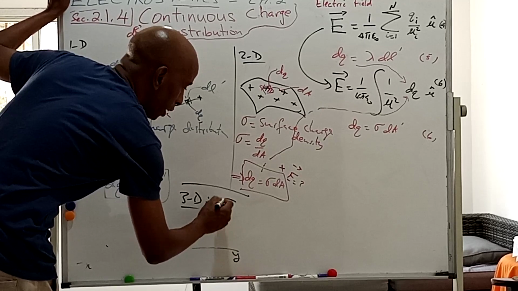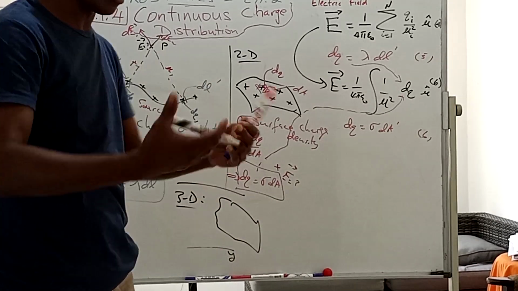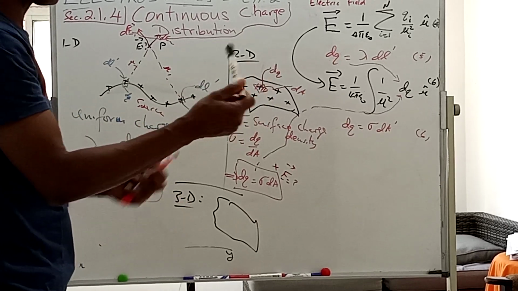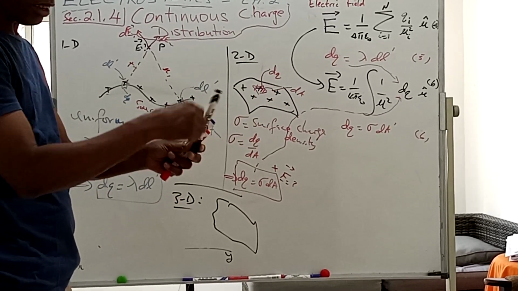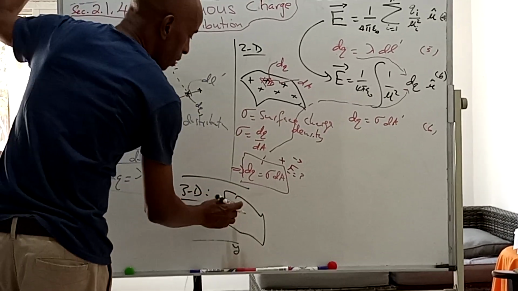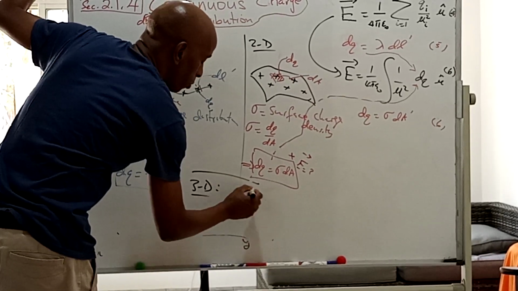In the three-dimensional case, which is more realistic in the real world, if I charge this marker completely, the charges will reside everywhere in a three-dimensional space, right? So in that case then, the charges occupy volume.